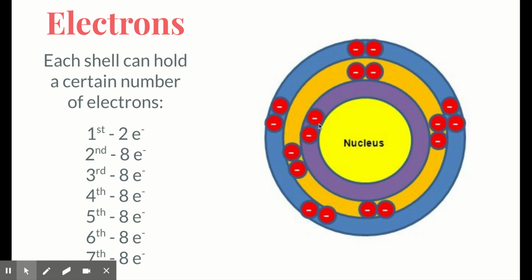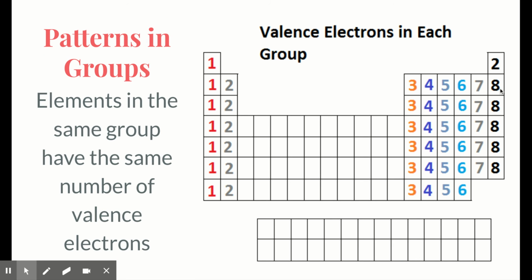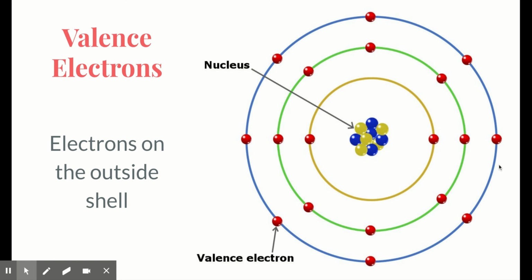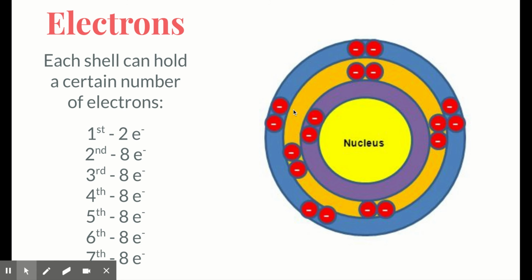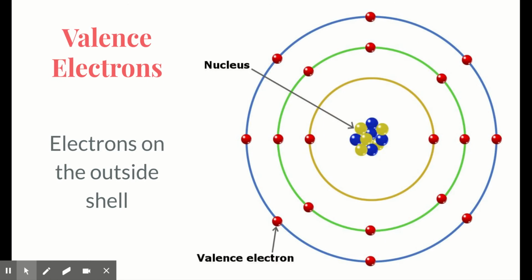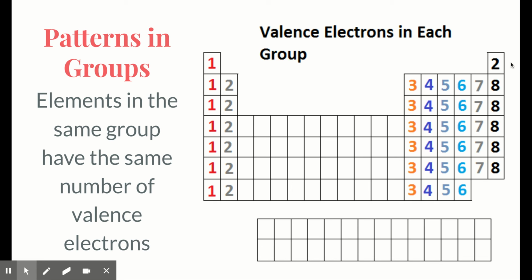We can't fit any more in there. All right. And if you look at all the other ones, so this is neon, argon, and so forth, have 8. Well, again, those last shells can hold 8 and no more than that. So they're full. So in group 18, you look to see if they're full. And so that's why helium fits with group 18, because it's full.